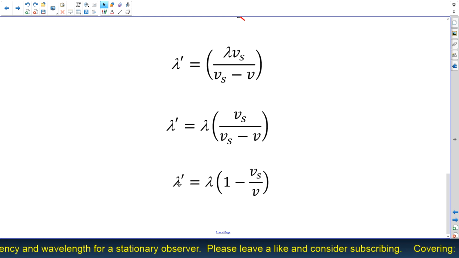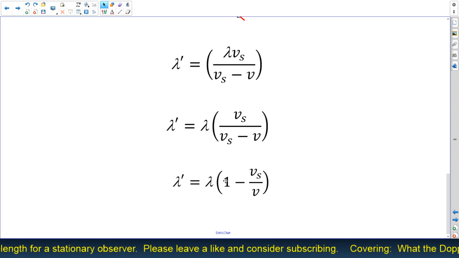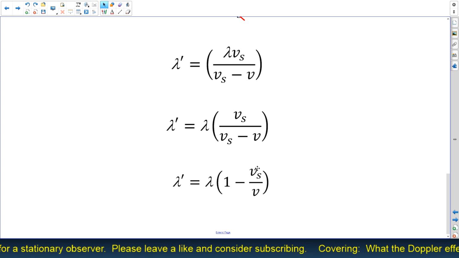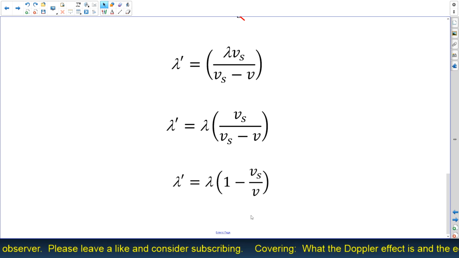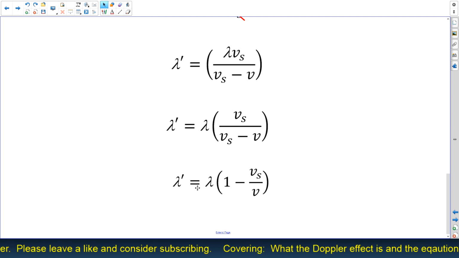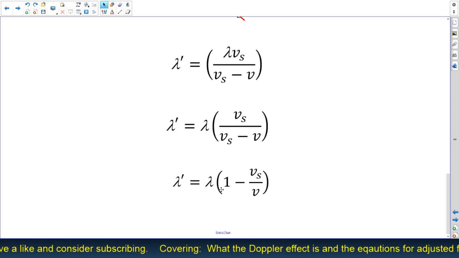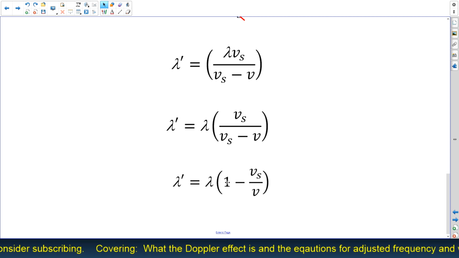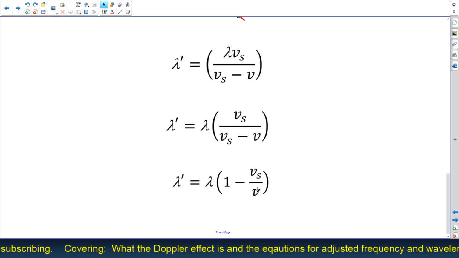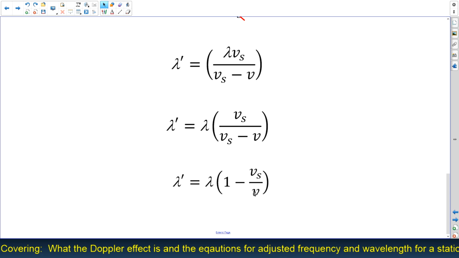That lambda observed is equal to lambda original upon 1 minus Vs over V. Which sort of makes sense because the observed wavelength is the regular wavelength multiplied by some percentage less than that, due to the fact that the object is moving towards you.